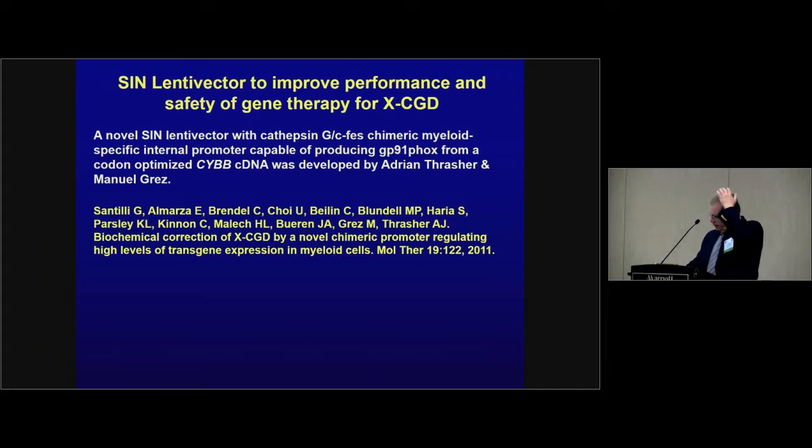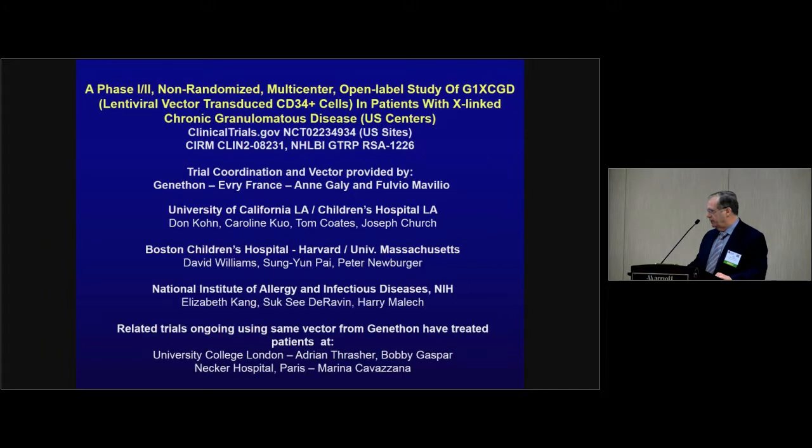So more recently, Thrasher, Gretz, and others developed an interesting vector, which you can read in the slide, and that vector has now been used in a non-randomized multi-center trial that's been open in the US and in Europe.